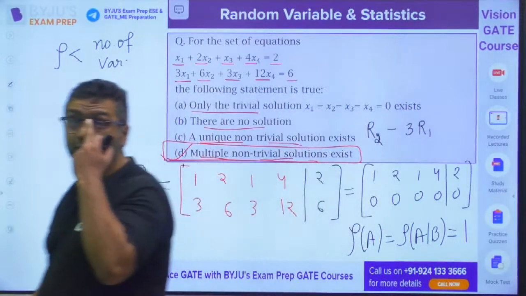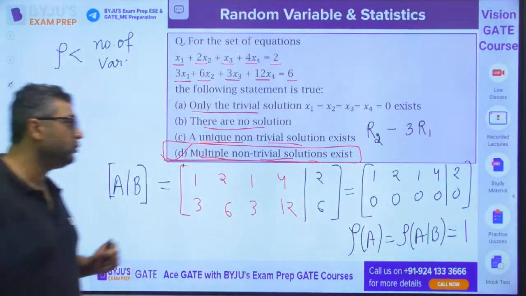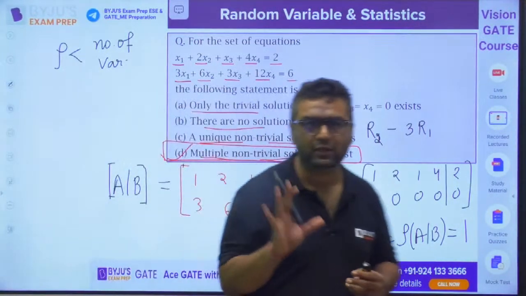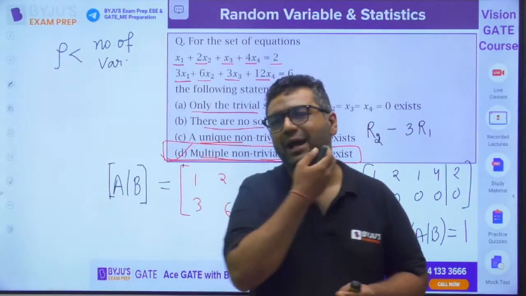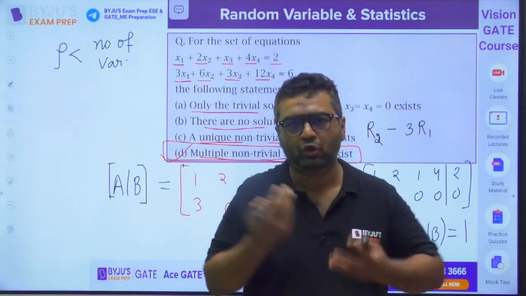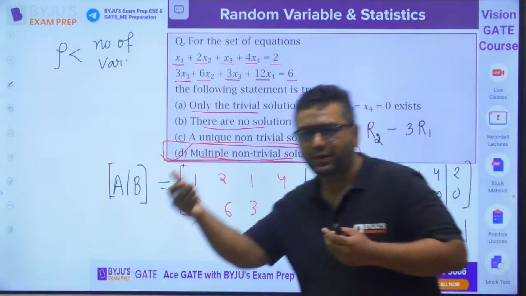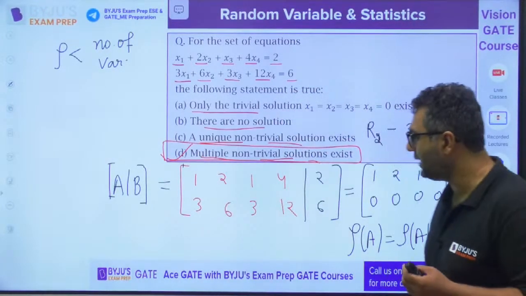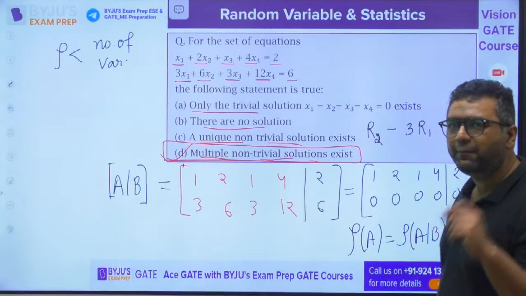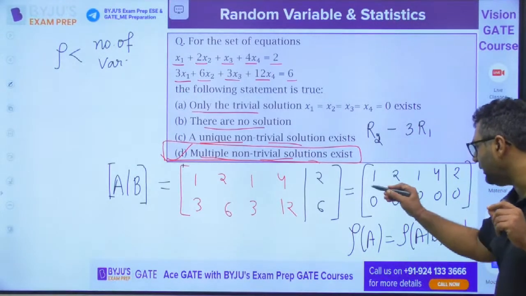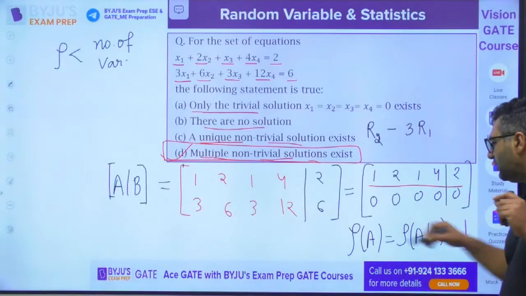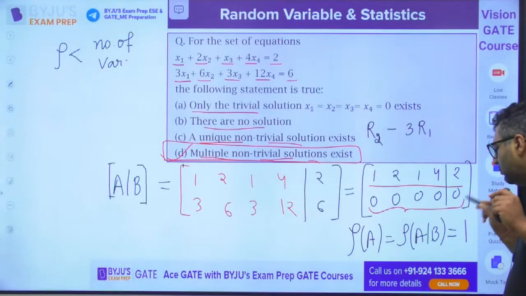Malesh, I feel you got your mistake. What I understood from your answer is that you need a quick revision. Can you see only the first row has non-zero elements, and the second row has all zero elements?